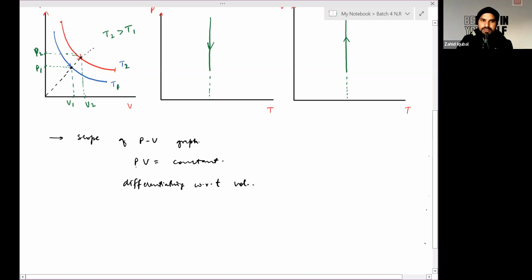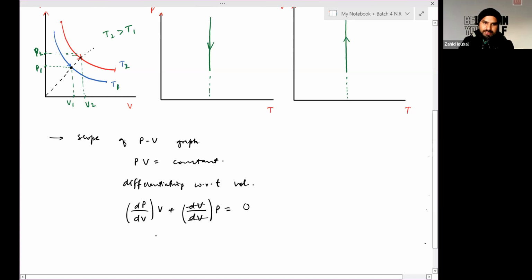First, we have a product of two different variables. So using the product rule, differentiation of the first quantity multiplied by the second plus differentiation of the second quantity multiplied by the first equals differentiation of a constant term, which will be 0. So dV by dV will be just 1.